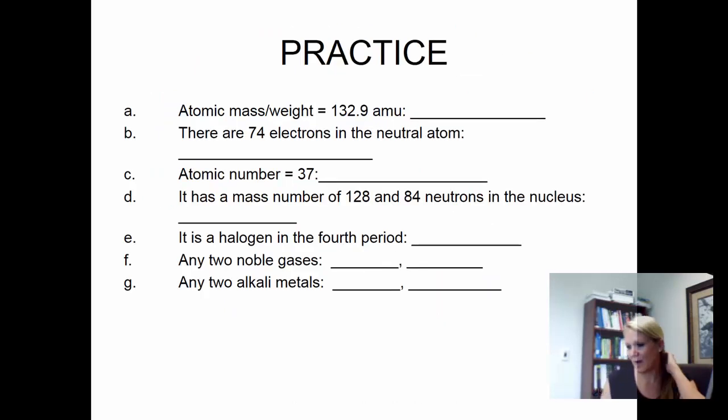All right, so here's some practice using the periodic table, what we've learned so far. We want to look at our periodic table and find the element that has an atomic weight of 132.9. This is just putting together things you've hopefully learned through the videos so far. You may want to write these down, or if you have your periodic table with you or printed out, you may not have to.